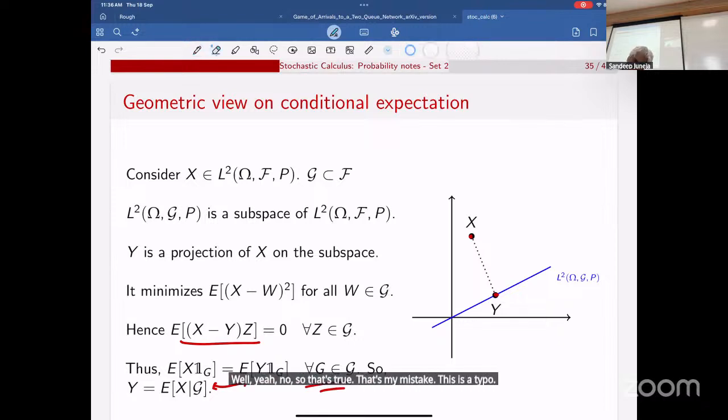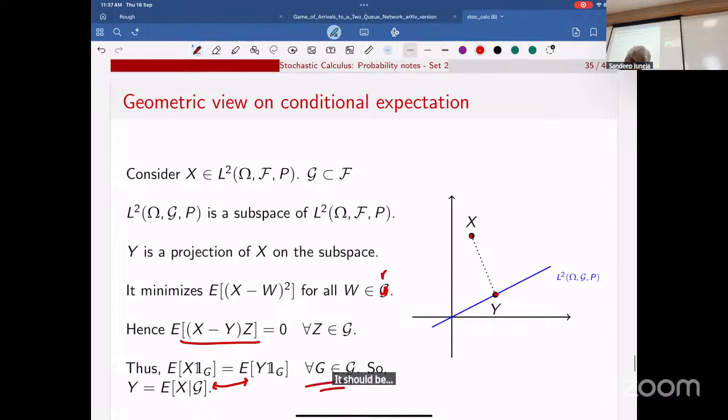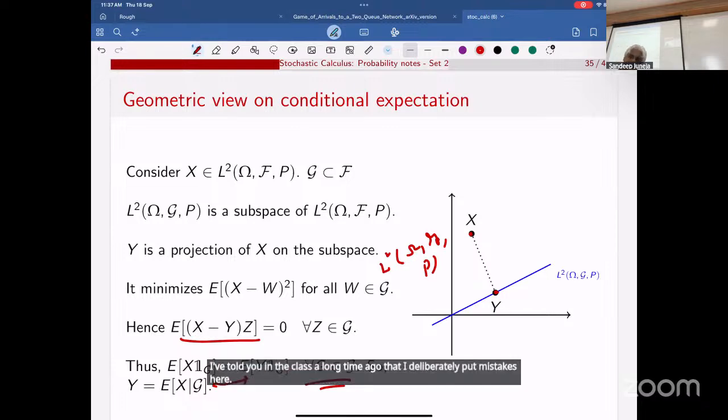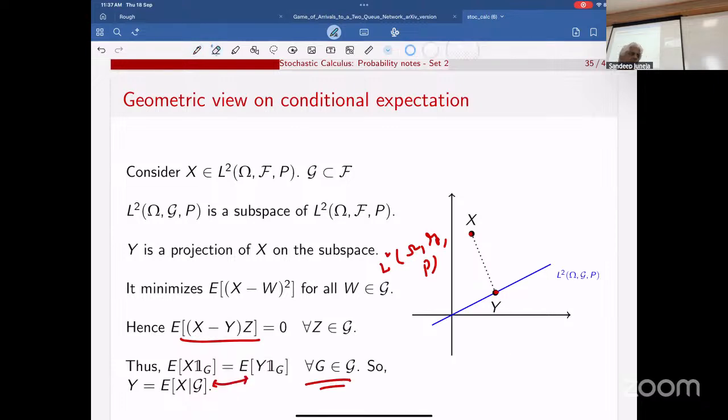It should be M of G, it belongs to measurable functions in G. But really what I should say is in L2 of mu G P. I've told you in the class long time ago that I deliberately put mistakes here. I put many more mistakes here which I didn't know and you didn't know, so we just went through them, but some you caught.